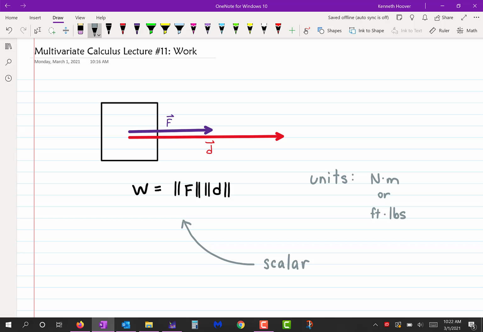But that's oftentimes not the case. In most situations, an object moves in real life in a direction that is not the same as the force that's causing it to move. It sounds weird, doesn't it? Let me explain why that's usually the case.